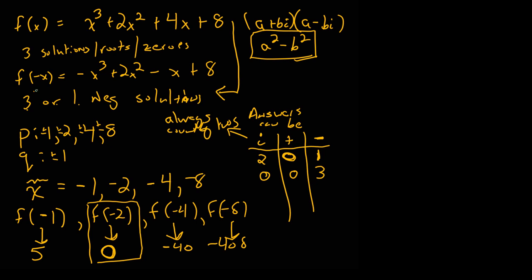Now, because this part here had 0, the positive test for Descartes' rule of signs says I'm not having any real solutions that are positive. And that limited us to these 2 options. And right now it's looking like row 1 is what we have.